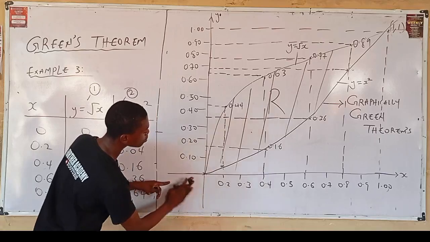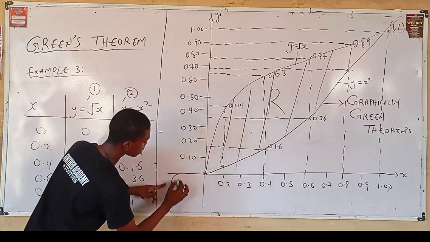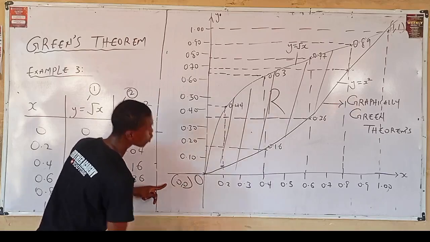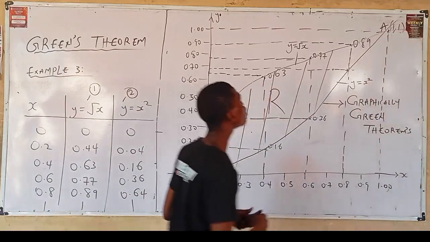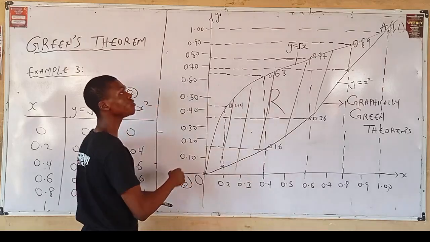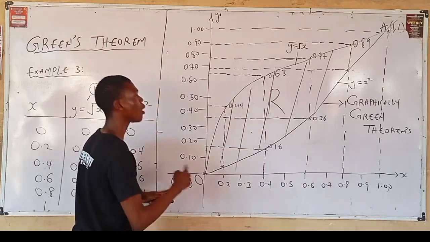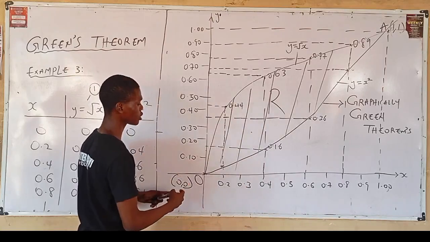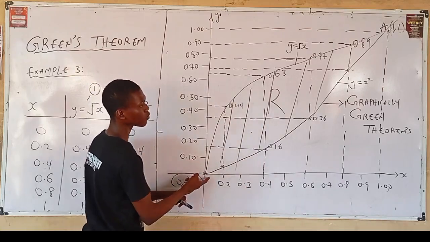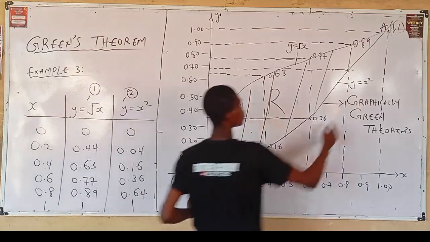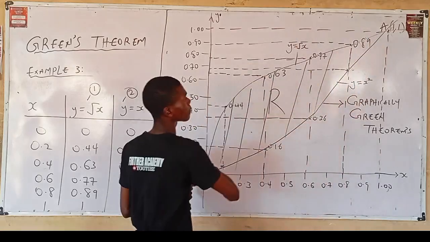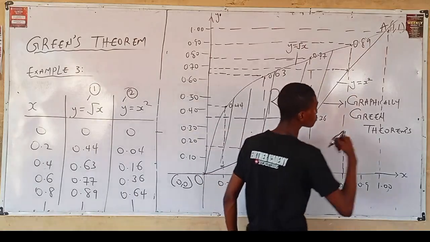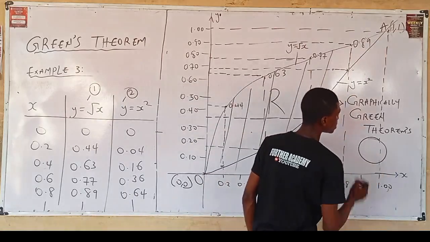So now let's number this. Let's say this is our origin, 0, 0. Say this is O. Say this is A. Then I want to move in a counterclockwise direction, meaning I'll move from O to A, then back. Let's relate it to our wall clock.